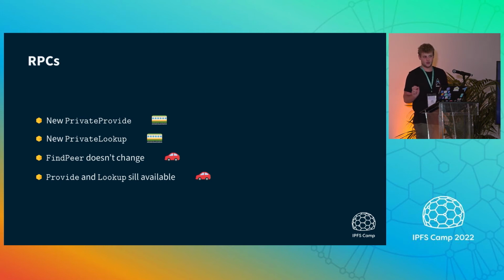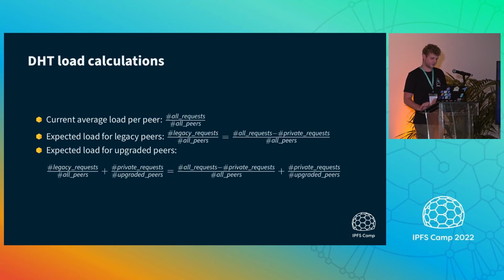So it's still the road, because the regional roads around you, we have to keep them. We have to be very precise when we find peer, which is not the case for find content. So we will keep the existing infrastructure for the find peer RPC, and so the old or current provide and lookup will still be accessible, because we can still drive on the road.